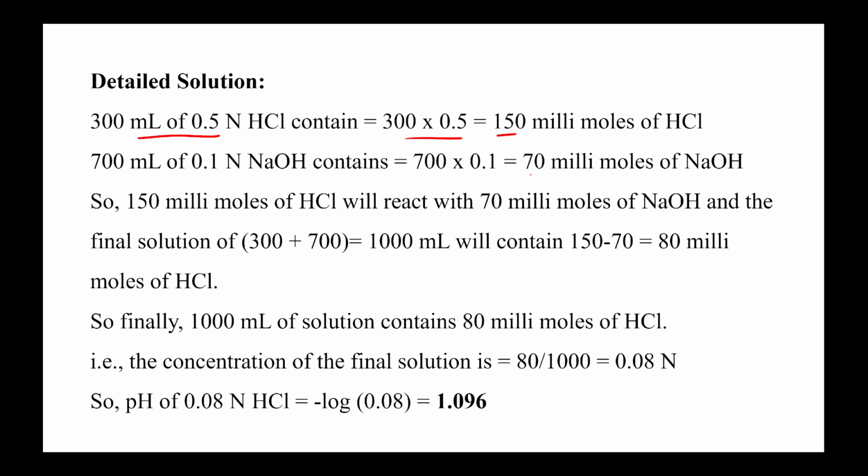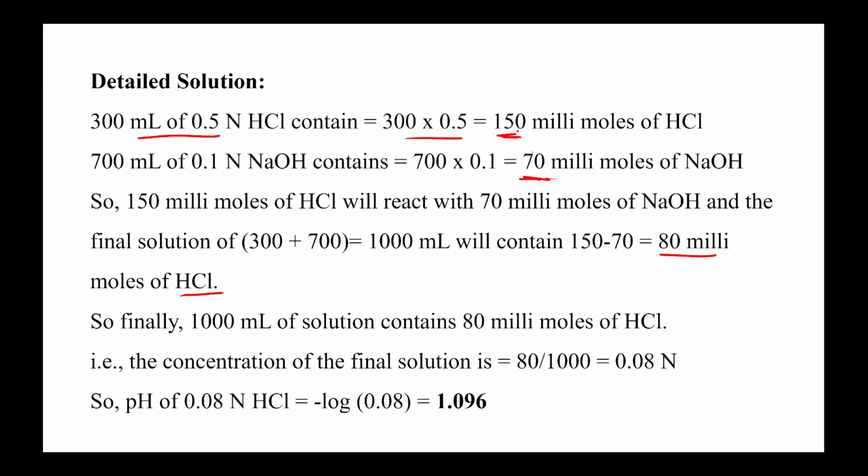It doesn't really matter. And for NaOH we get 70 millimoles. So now you can see HCl is extra in the solution. So 150 millimoles of HCl minus 70 millimoles of NaOH, because 70 millimoles of HCl will directly neutralize 70 millimoles of NaOH. So what will be remaining? Remaining will be 80 millimoles of HCl.